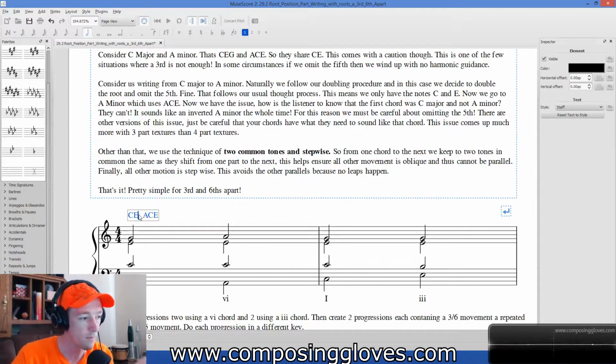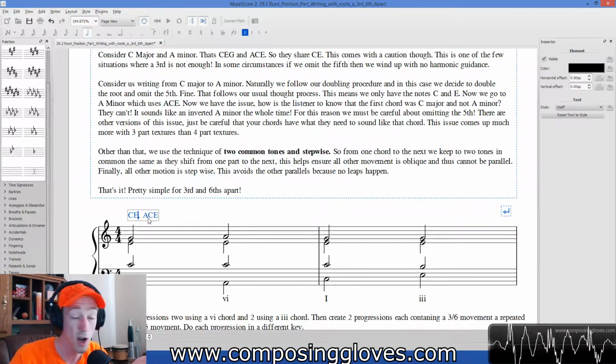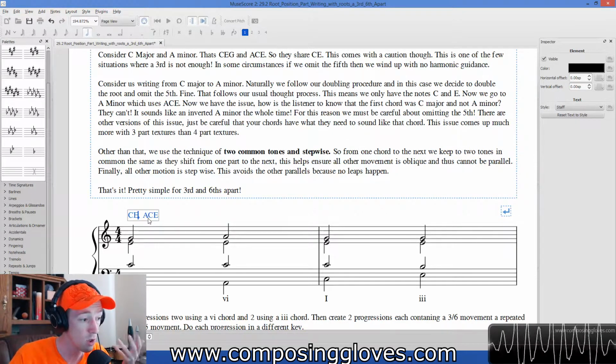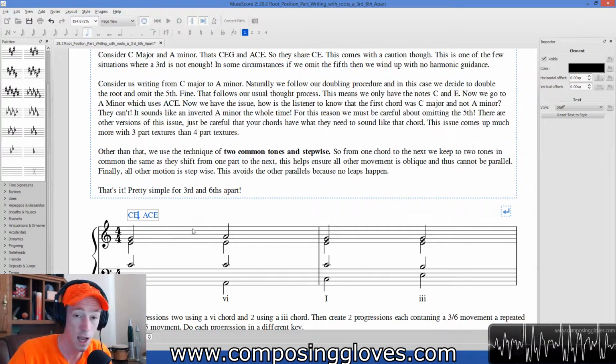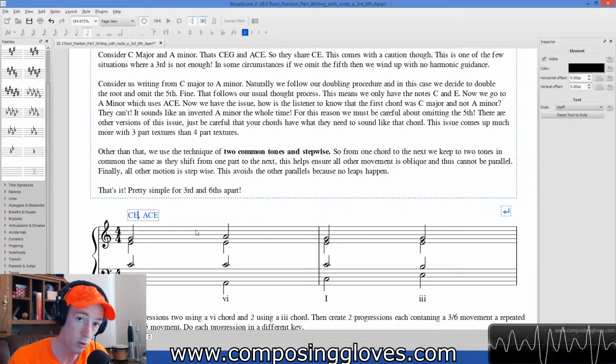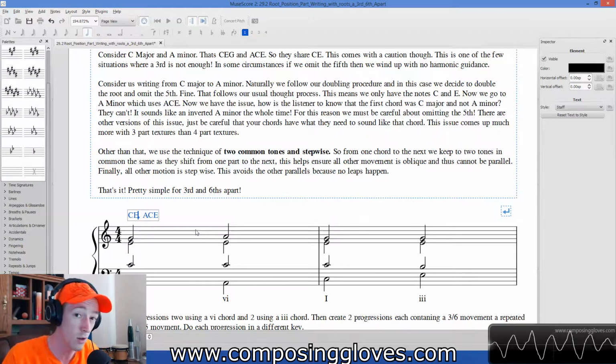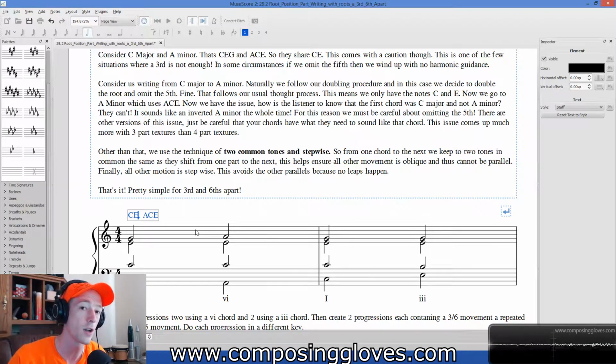Now I've got C, E, and then over here I just add on an A. In this case, it just sounds like I've moved this third around, and we were actually on A minor the whole time. So when we're moving from a third to a sixth, we want to watch out for the fifth, because otherwise we're not really in the chord that we are. Usually we care a lot about the third, but this is one of those cases where the fifth is actually pretty important. Otherwise, it just sounds like we're moving around a third.